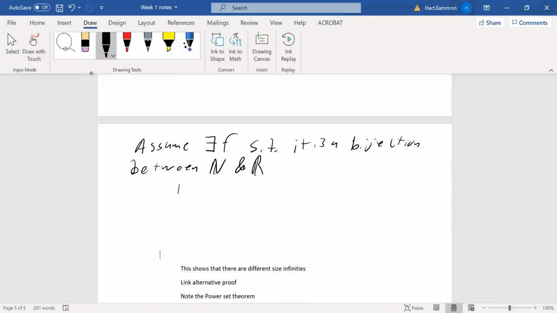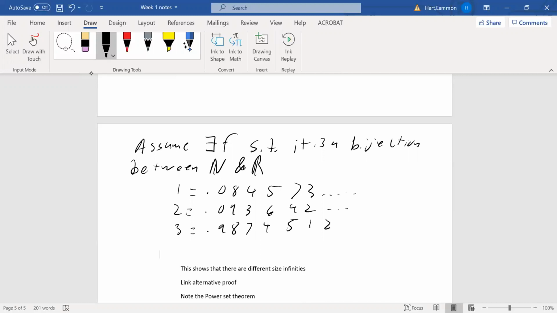So that means we would have 1 is equal to, say, 0.084573. 2 is equal to 0.093642. 3 is equal to 0.9874512, and so on.